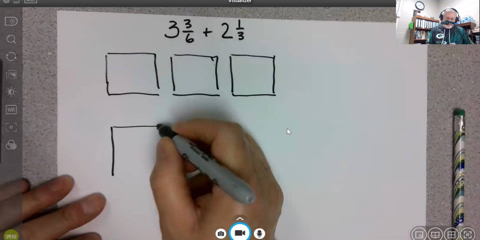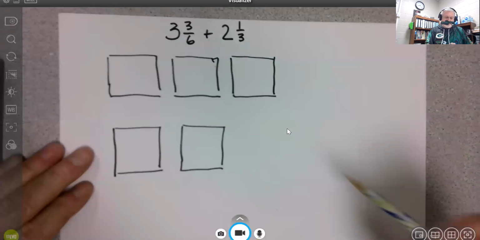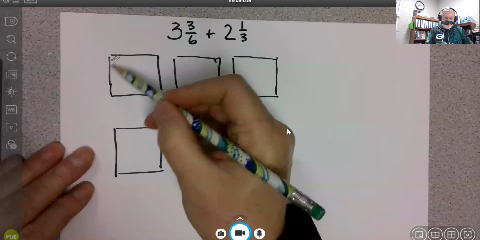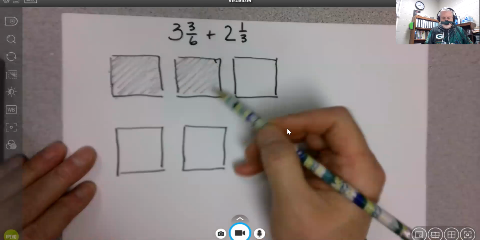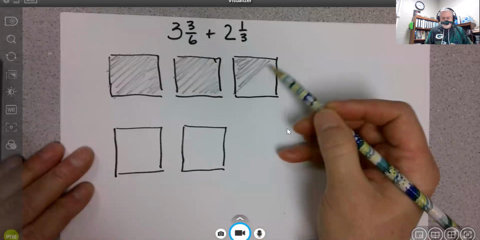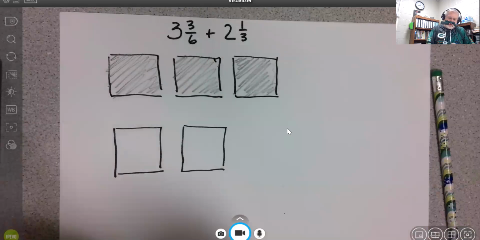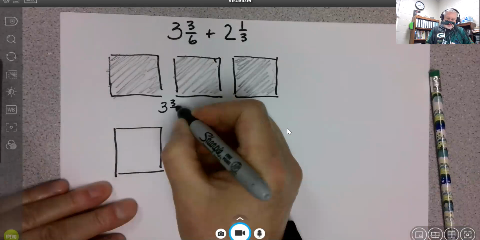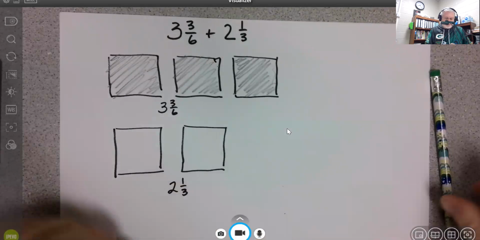If they're not, again, it's still a sketch and it's not going to be perfect. So I have 3 wholes on top, because this represents 3 and 3/6. And this is 2 and 1/3. I have 2 wholes on the bottom.